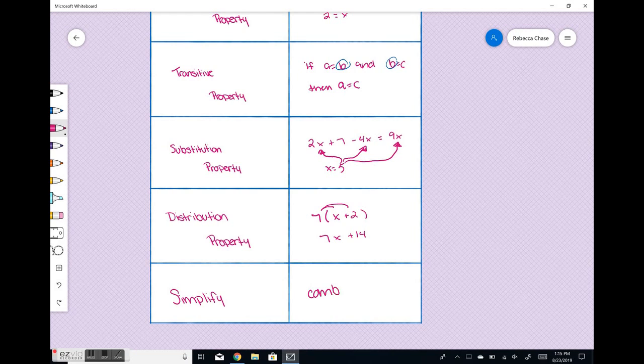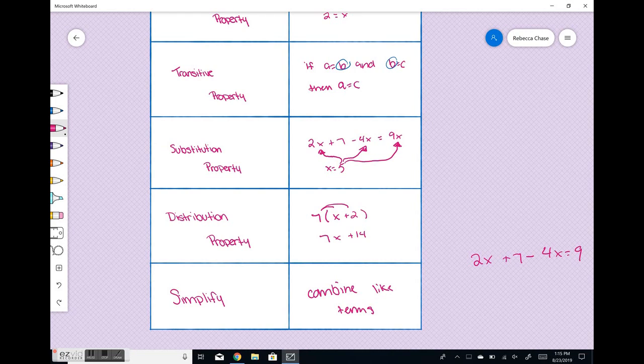And then simplify is simply, the only time we use that is whenever we combine like terms. Okay, so if I have an equation that is 2x plus 7 minus 4x equals 9, and I want to take the 2x and the 4x and combine them and make it negative 2x plus 7 equals 9, that right there is where I would say that I simplified.